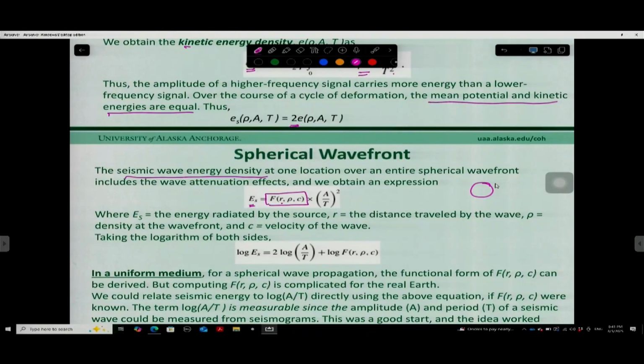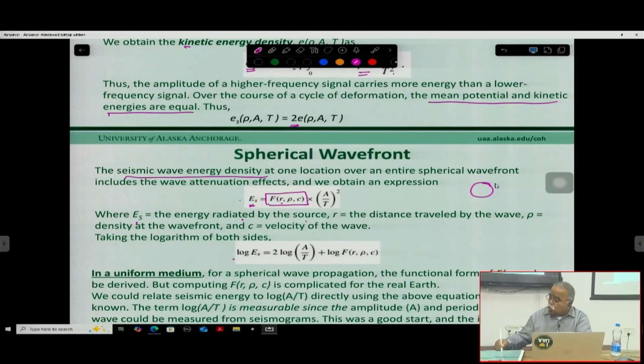So that a by T square is coming here. So E is the energy radiated by the source and the distance traveled. If you take the logarithm of both sides, then log of ES will be equal to 2 log a by T plus log of some functions, right? So that's these values.